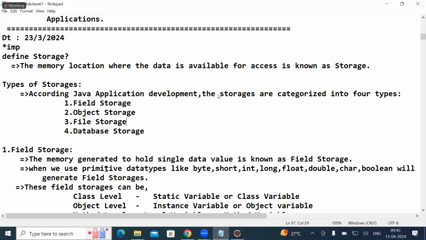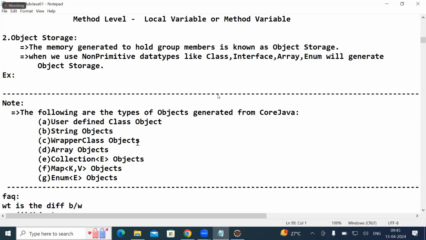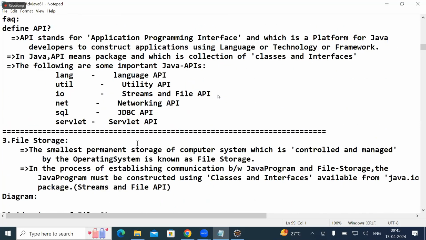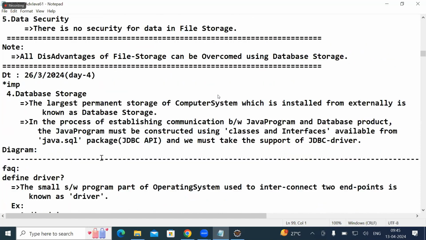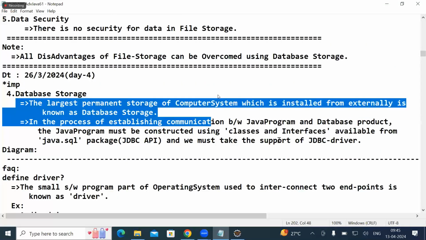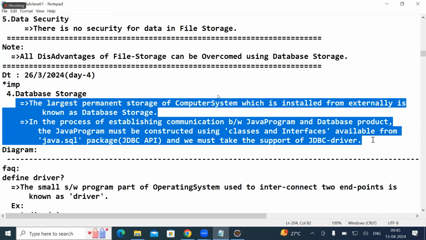So definitely it has to take only the largest permanent storage, that is the database. In the process of introducing the database, I made one statement here: the largest permanent storage of a computer system, which is installed externally, is known as database storage.